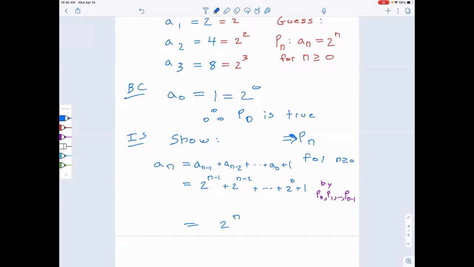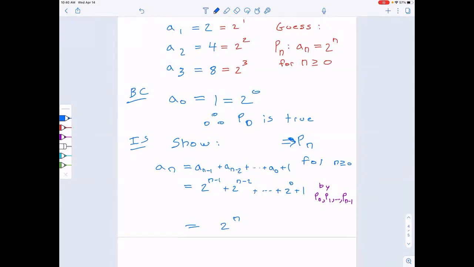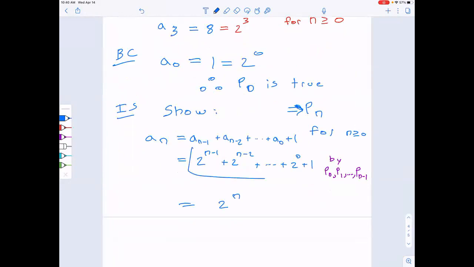Now, for what we have written down on our page, if we look to our lecture on closed forms, there's a nice closed form for a geometric sequence. When we add up the geometric sequence, we get a geometric series, and there's a nice formula to remember in this case.